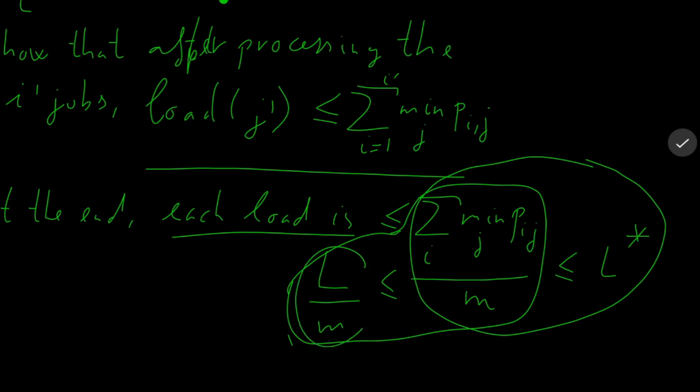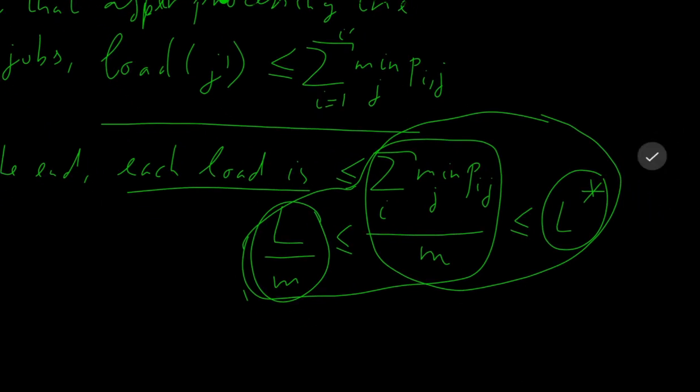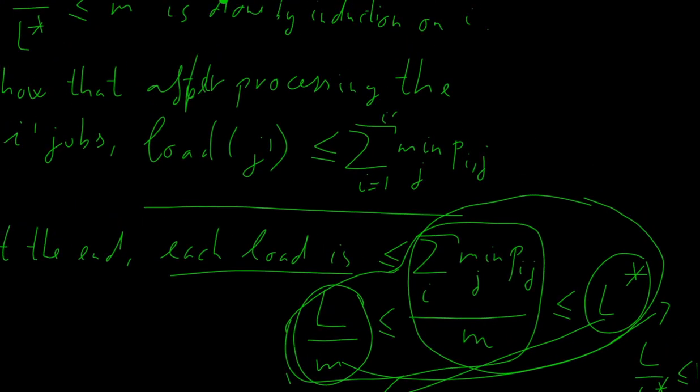And this guy here, L divided by m, is at most L star, is the same if I just multiply it by m and divide by L star, is the same as L divided by L star is at most m. So if we manage to prove this, then we have the upper bounds.